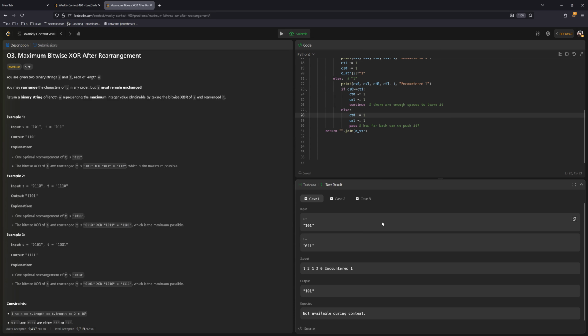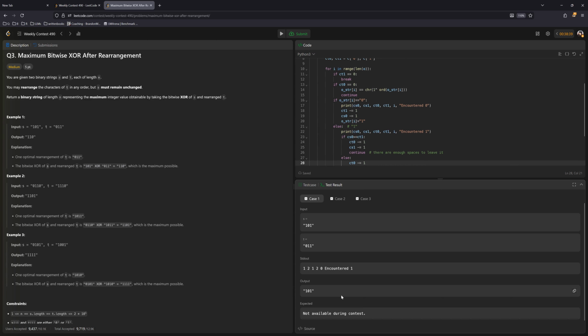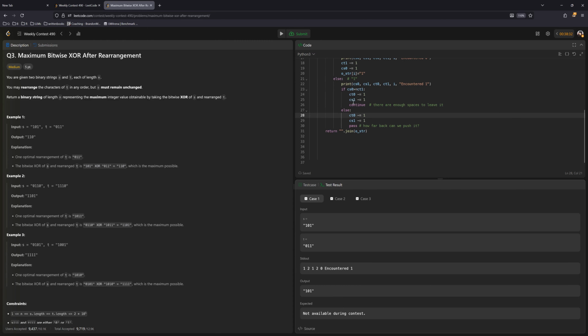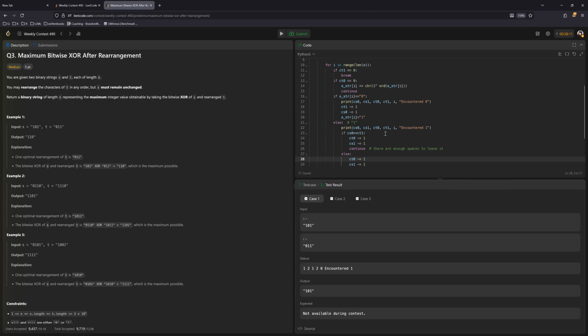We decremented the 0, right? Which is correct. Encountered a 1, we decremented the 0, and then it was at 0, forcing us to flip the remaining bits. But there was only 1.